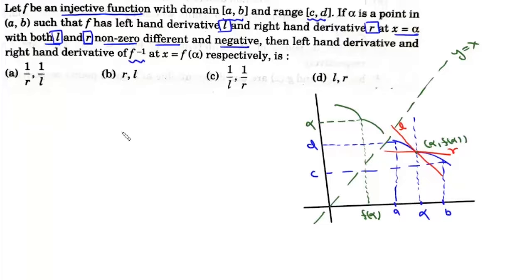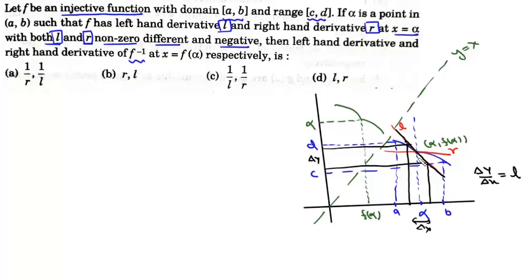Now if we look at this left hand side tangent at alpha, suppose this is delta x and here it is delta y. So we can write delta y upon delta x is equal to L.